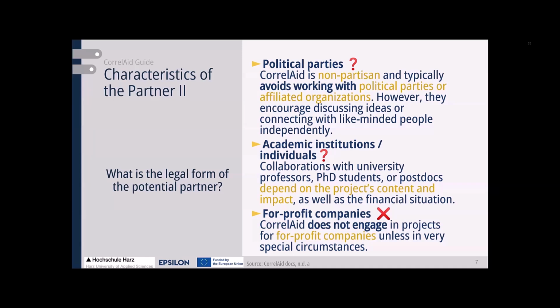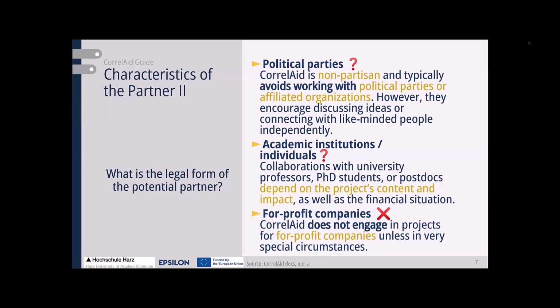Another question, which is maybe a bit easier to answer, is how to work with for-profit companies. If you're providing voluntary service for for-profit companies, be aware that this company should not seek cheap employees.